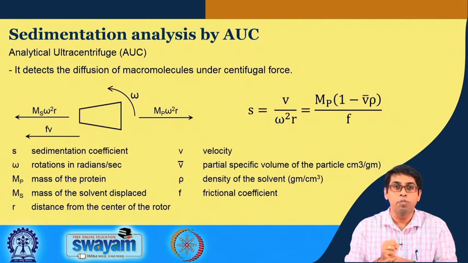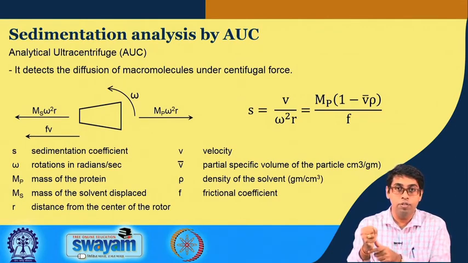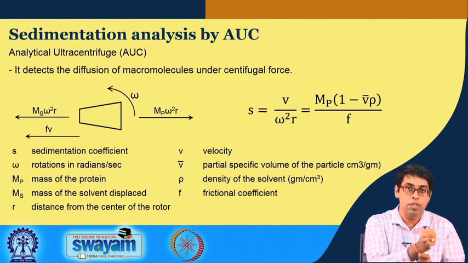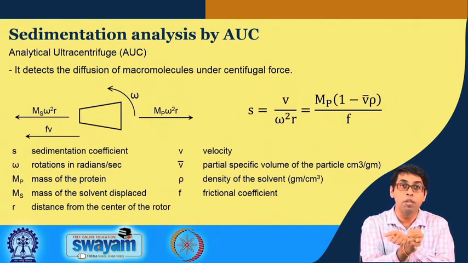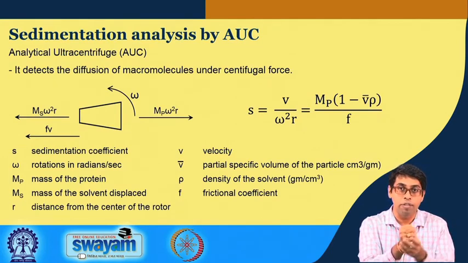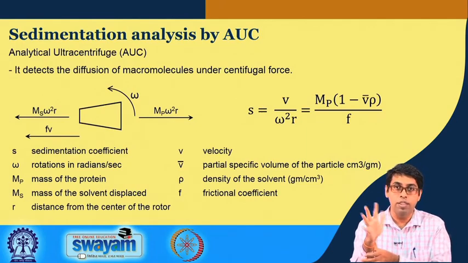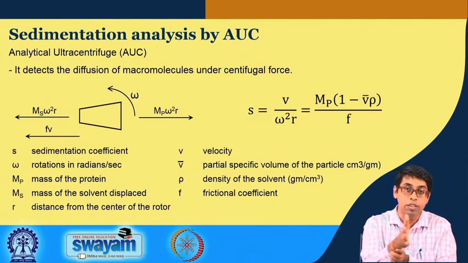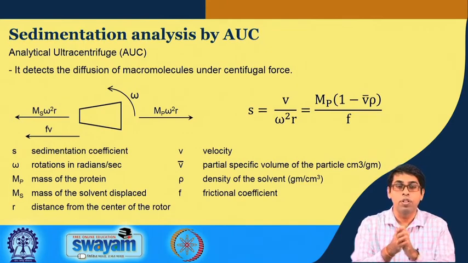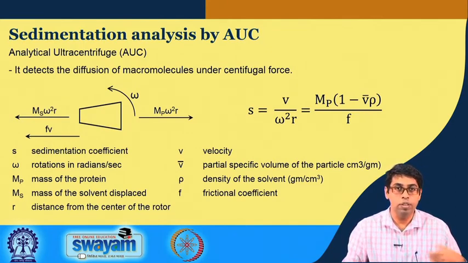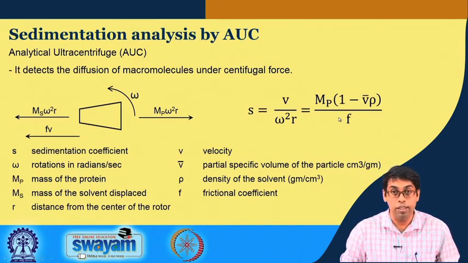If the spherical protein is moving through the solution, the frictional force on it will be much less because the surface area is less, but if the protein which is like a disc is moving through the solution, the frictional force will be much higher because the surface area is higher. So, this number gives us information about the shape of the protein. So, using AUC we can determine the shape of the protein along with molecular mass and also some other parameters.